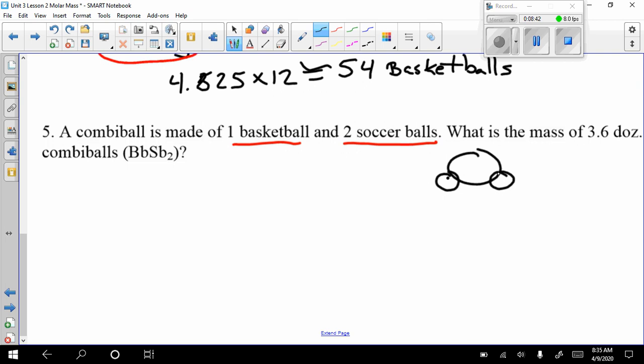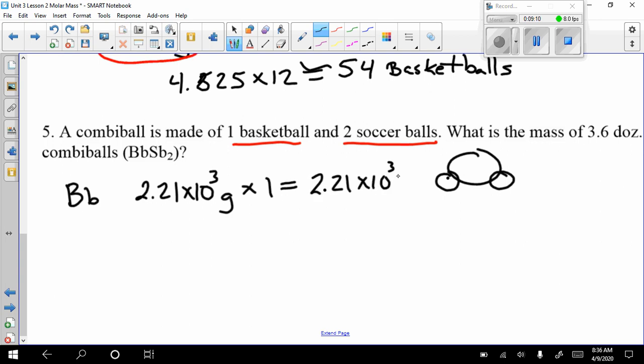And I'd go, okay, well, I know that each dozen basketballs weighs 2.21 times 10 to the 3 grams. And in a combi ball, there's 1 basketball, so I'm going to multiply it by 1, and I get 2.21 times 10 to the 3 grams.